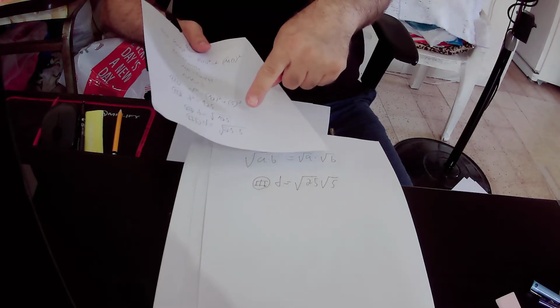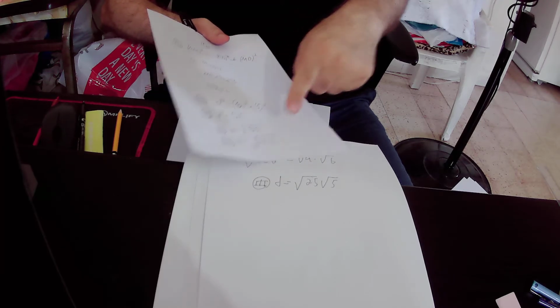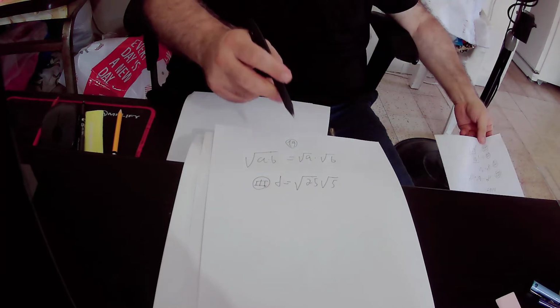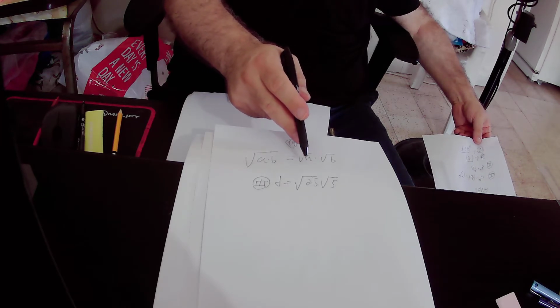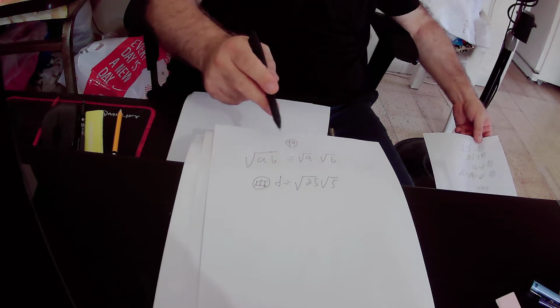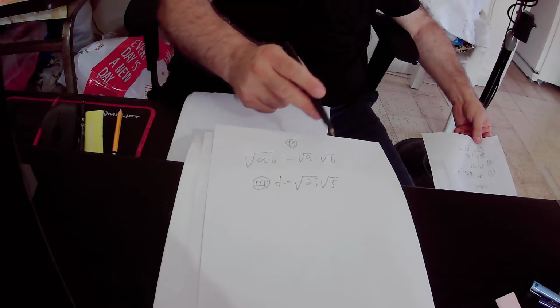Instead of d equals root 25 times 5, we separated the root into two roots, root 25 times root 5, according to the rule that the root of a times b equals root a times root b.